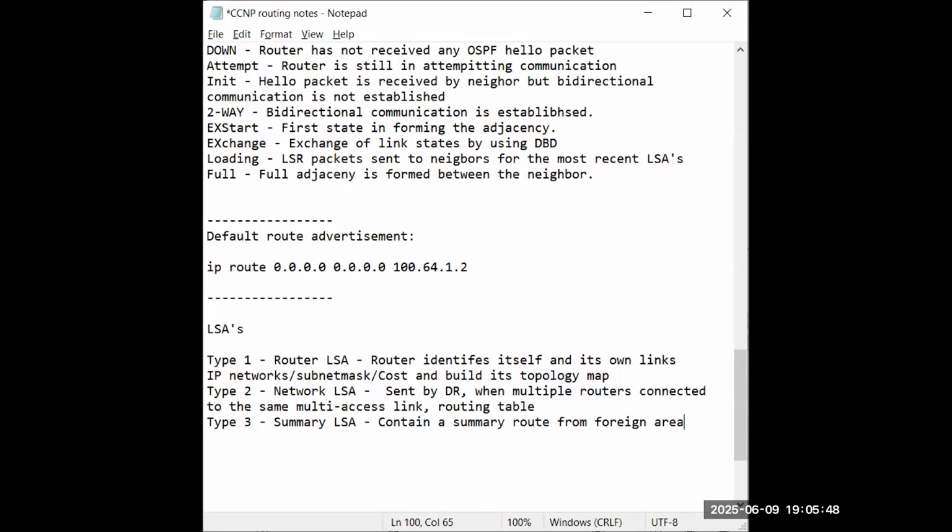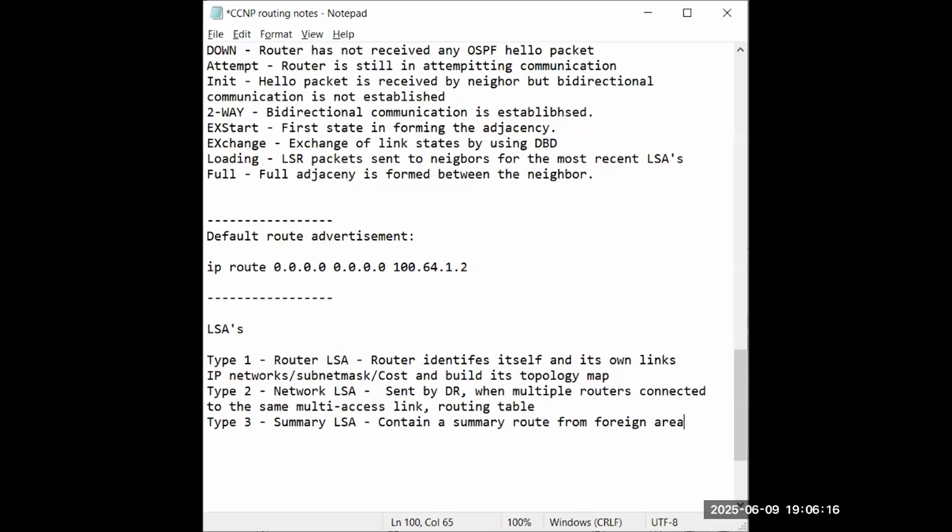Foreign area means a different area, not within the same area. Earlier we've seen area 0. Now for area 0, area 44 is a foreign area. Again, for area 44, area 0 and area 55 are foreign areas. So it's going to contain a summary route from the foreign area.